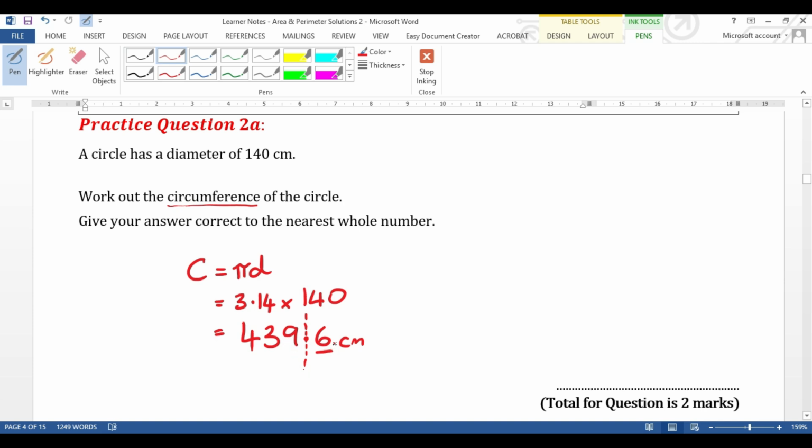Because it's 5 or more for the 6, the 9 is going to go up to a 10. So you put a 0, carry a 1 to the next one, and then the 3 goes up to a 4. That 4 stays the same. Yep, there's the decimal point. So your answer is going to be 440 centimeters. Don't forget the centimeters here on the answer line as well. And that's going to be to the nearest whole number for your answer.